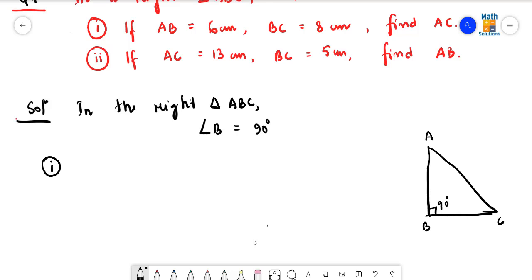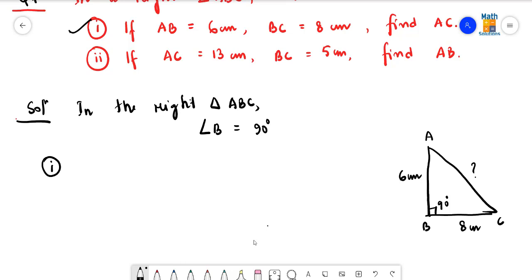Then in the first question, AB comes as 6 centimeter. Then BC comes as 8 centimeter. Let's make it correct. This is 8 centimeter. We are supposed to find out AC. So we already know the Pythagoras theorem, Pythagorean triplets and all those things are already known to us.